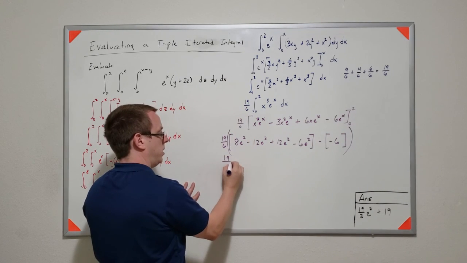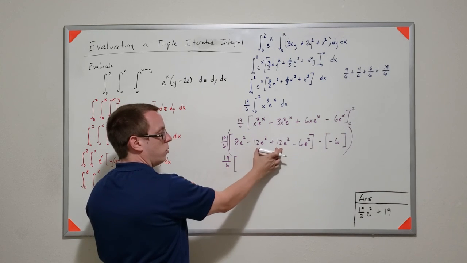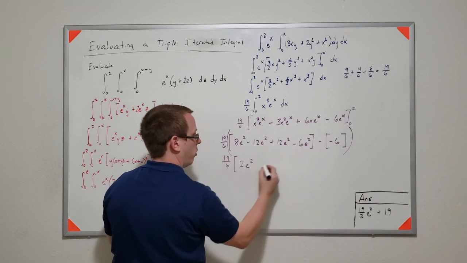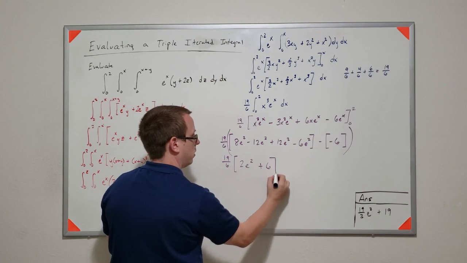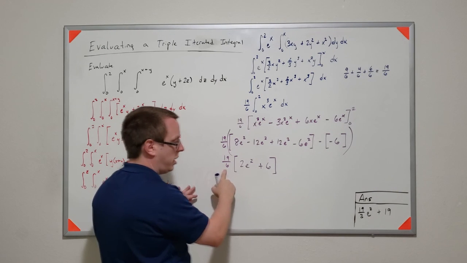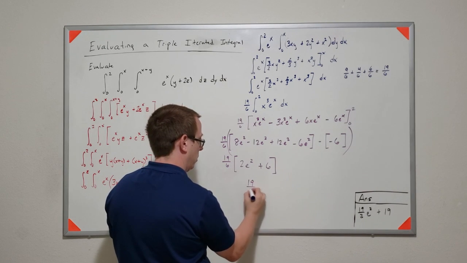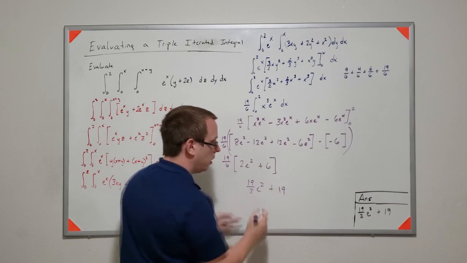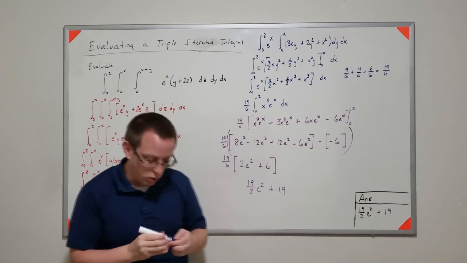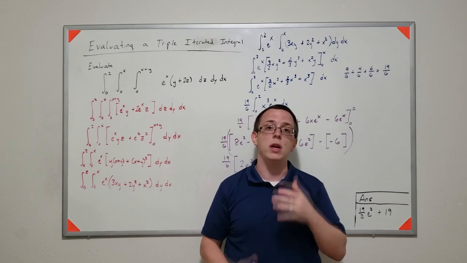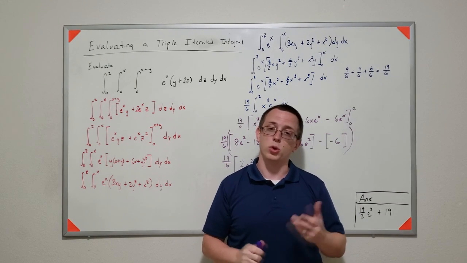So you have 19/6. Those cancel. That becomes 2e squared. That becomes positive 6. The 2 and the 6 cancel to get 19/3. The 6 is canceled to get 19. Lo and behold, we get the answer we're looking for, and that's a pretty simple introduction to how you do iterated integrals for triple integrals.